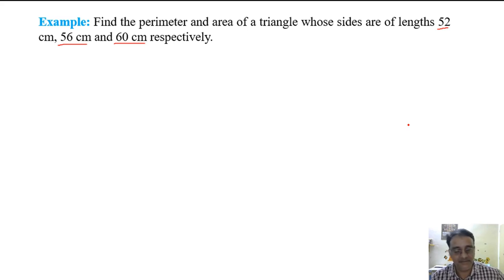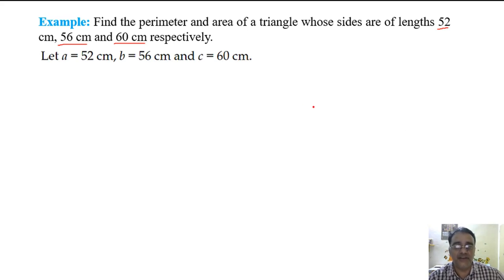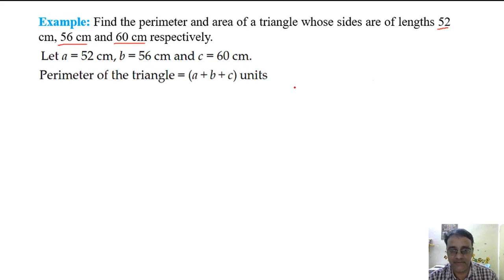A plus B plus C. Right. So we'll mark the first one as A, second one as B and third one as C. So perimeter is equal to 52 plus 56 plus 60. So what you will get? 168, right? So we got the first answer.